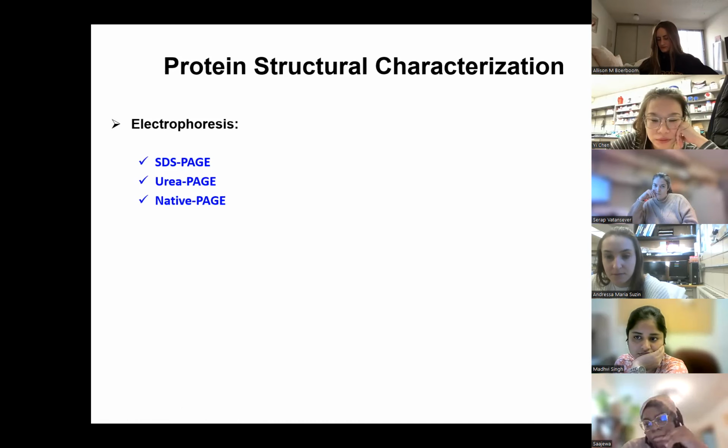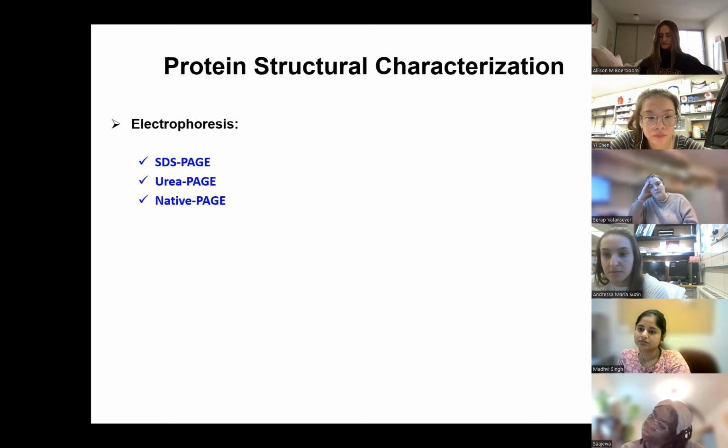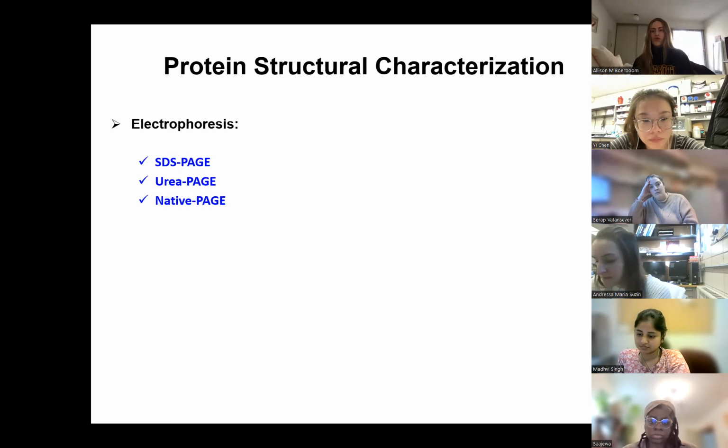So if you don't have a denaturing agent that breaks non-covalent interactions, then the proteins won't migrate. So the native PAGE is very specific for specific proteins that will potentially go through and migrate, but it's not commonly used. I haven't encountered in our protein field any paper that uses just native PAGE, but it exists, native because you don't add any detergent or any agent that will denature the protein.